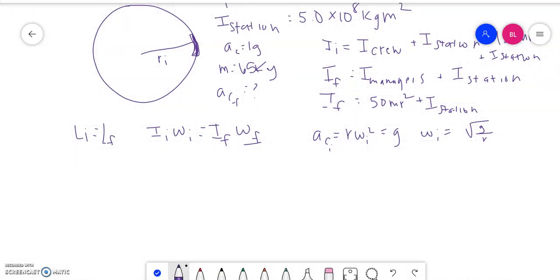So when we rearrange our equation over here, we divide by the final moment of inertia to solve for the final angular velocity, and then plug in the equations that we know.